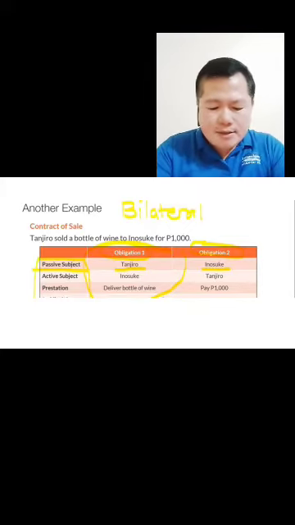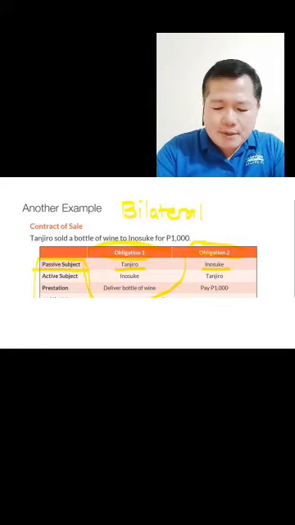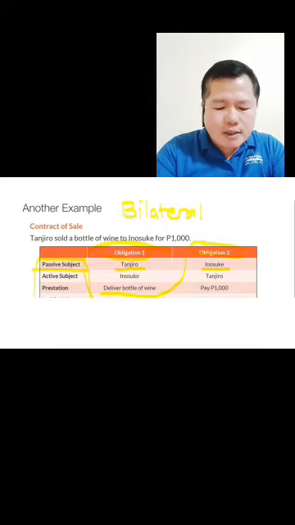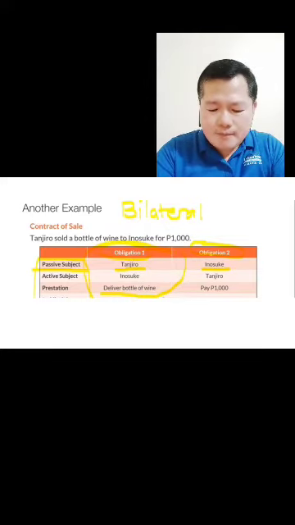In obligation number 1, the prestation is to deliver the bottle of wine. So who has the obligation to deliver the bottle of wine? Naturally, it is Tanjiro because he's the seller. And the one who has the right to demand the delivery of the bottle of wine is Inusuki because he is the buyer.